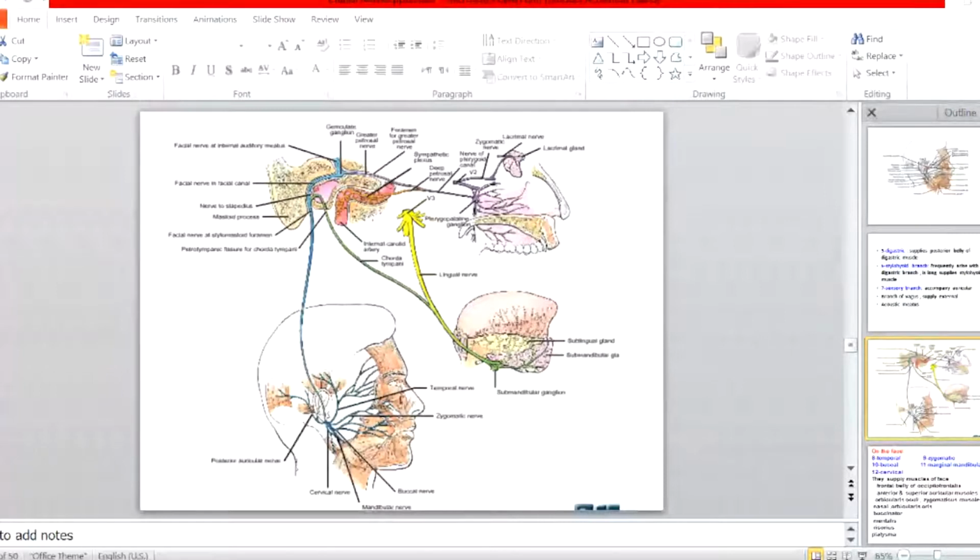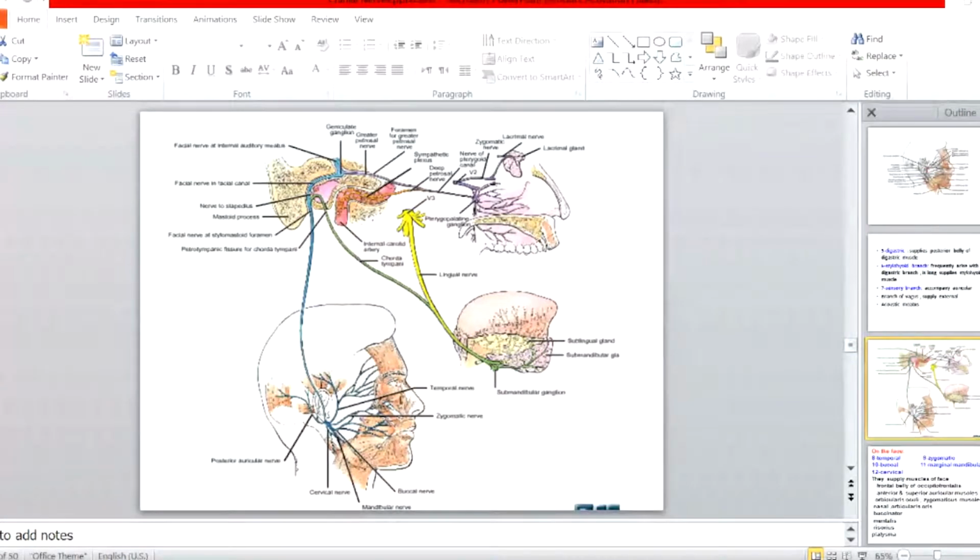Postganglionic parasympathetic fibers from the ganglia distribute with the maxillary nerve, secretomotor for the lacrimal gland, and for the glands of the nasal cavity, the nasopharynx, and the roof of the oral cavity, that is the soft palate and hard palate.